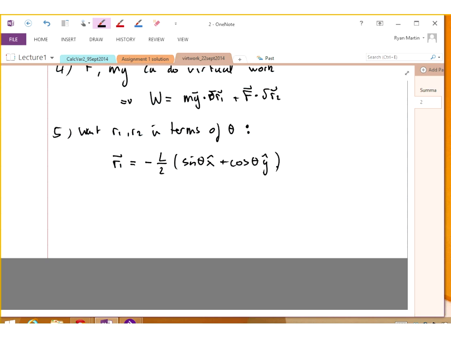Yes. Similarly, R2 is L, so it's minus L sine theta x hat. Oh, sorry, the y component is actually positive. Sorry, so that's a mistake in the sign there. Only the x component is negative.